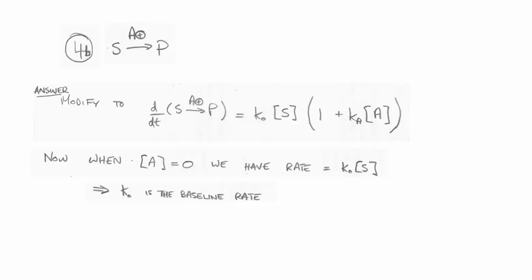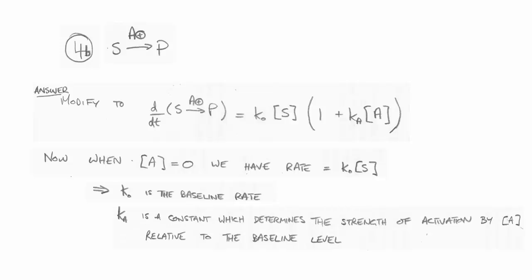So K0 represents a baseline rate, and then we have this extra constant Ka, which determines the strength of activation by the activator relative to the baseline reaction rate. So if we have activation where there's a baseline rate in the absence of our activator, we can use this equation.